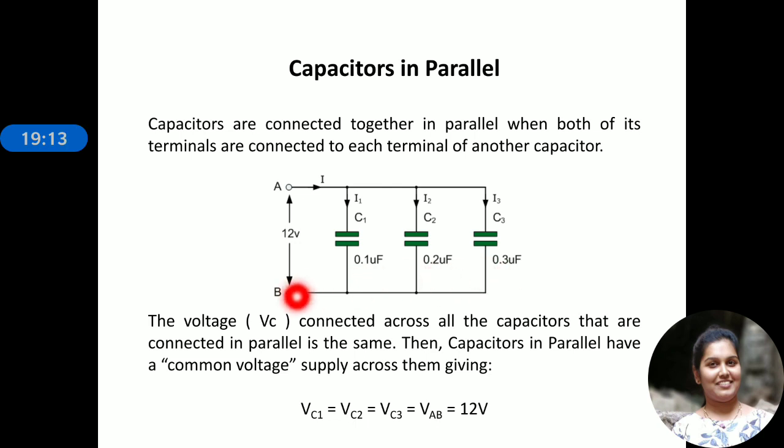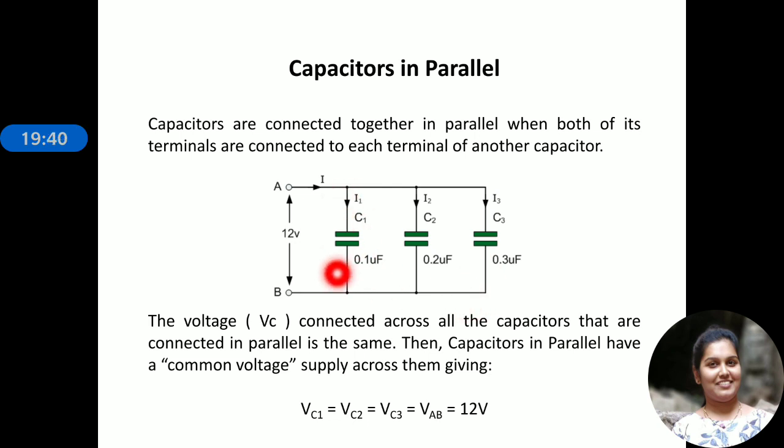So this kind of connection we call a parallel connection. In the previous circuit, there is only one path for the flow of current, but here we can see three different paths for the flow of current. So we can see three different currents flowing in the circuit, right?